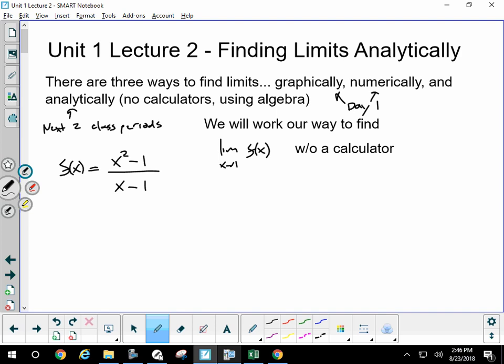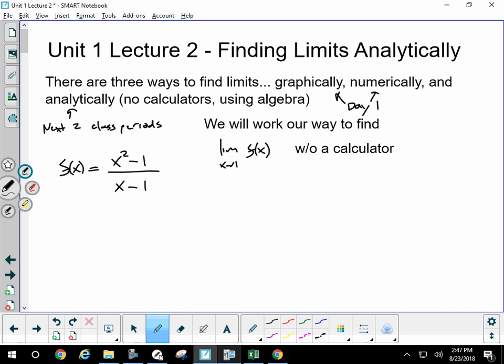Hey, do you remember how to simplify this? So remember that concept of approaching and getting very, very close to, but we don't have to worry about it so much. We're going to focus on algebraic simplifications and reviewing algebra. So we're going to try to find limits like the limit as x approaches 1 of this function by hand.